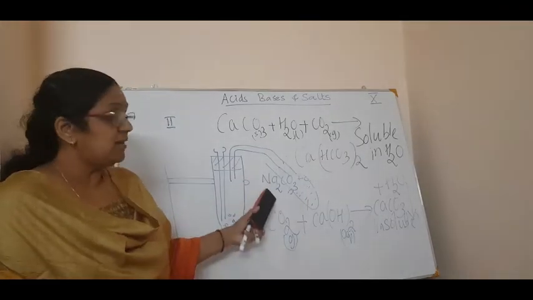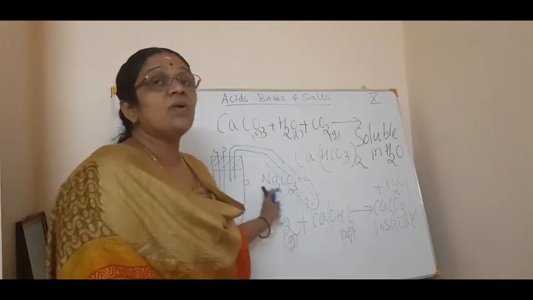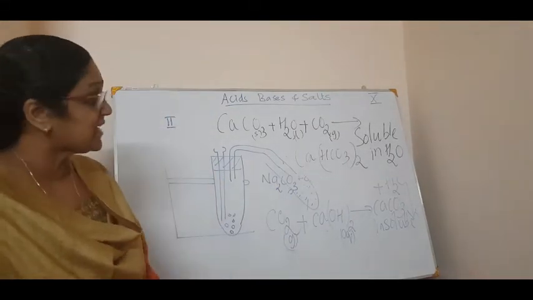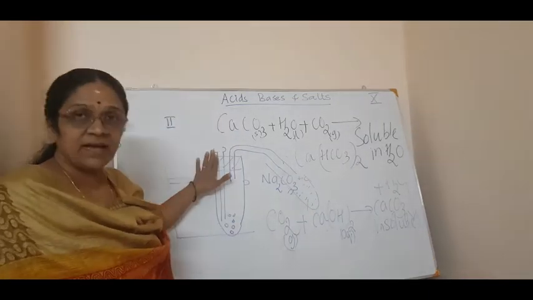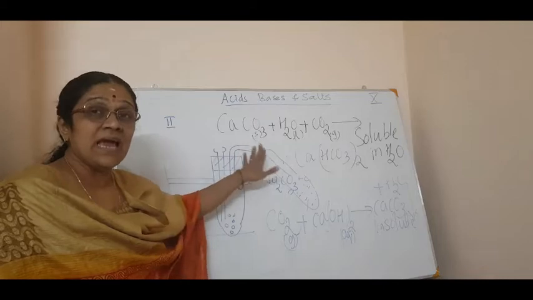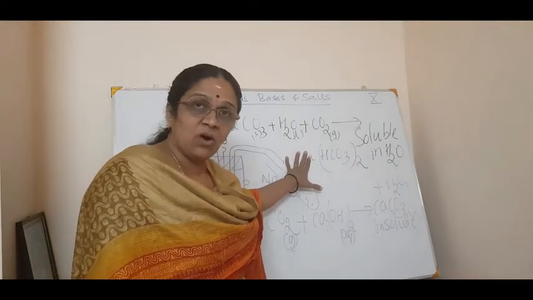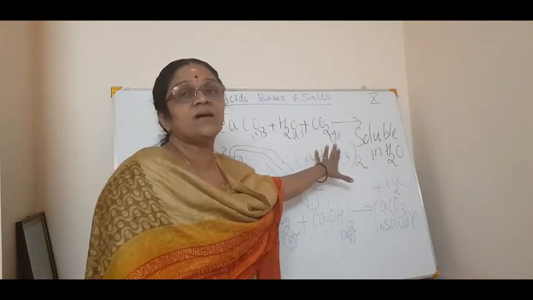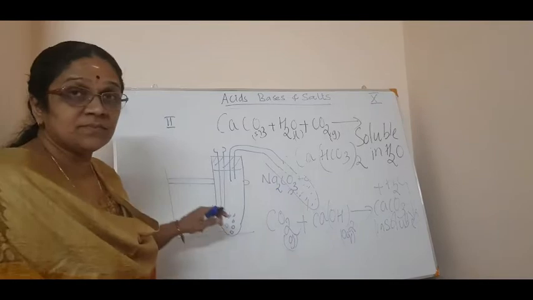Then the inference or the result. The result is our reaction itself. What is our reaction? Any carbonate or bicarbonate reacting with an acid gives the corresponding salt plus water plus carbon dioxide. That's it. Okay. Clear?